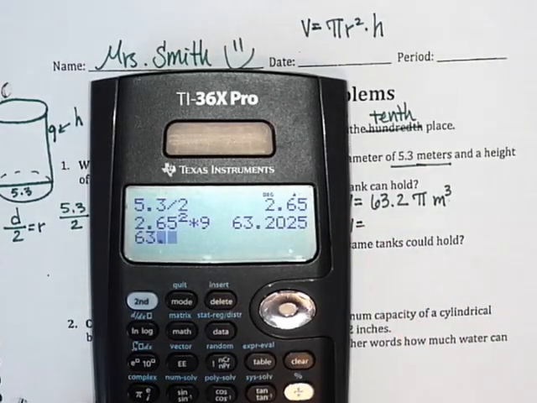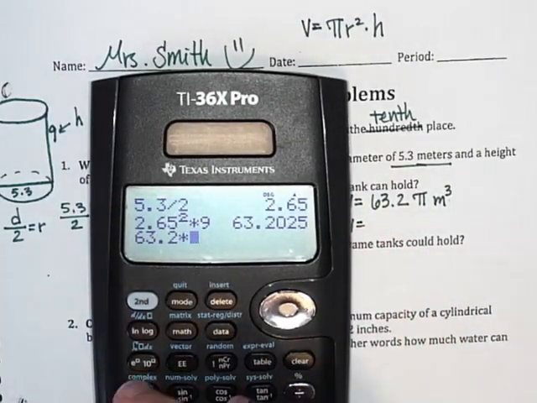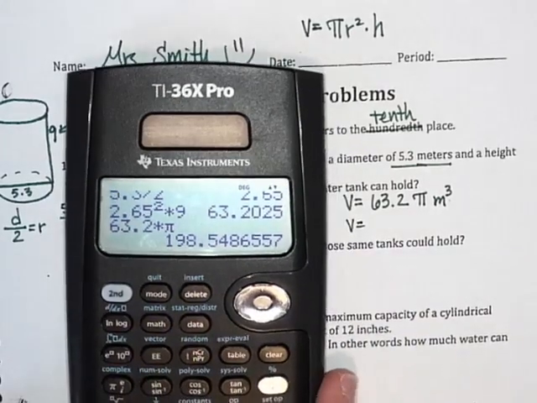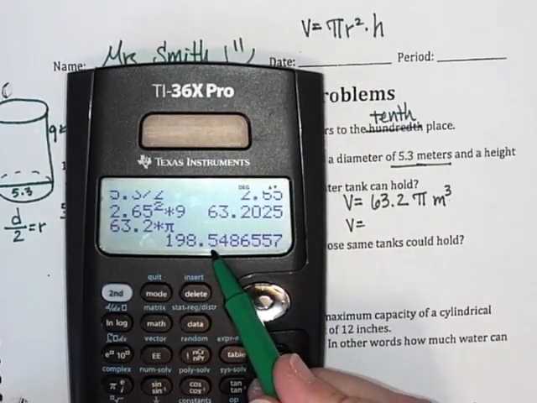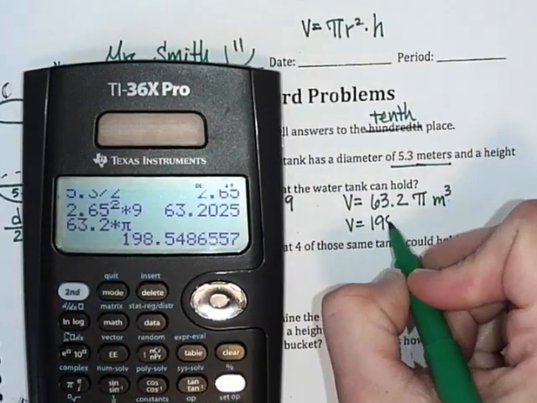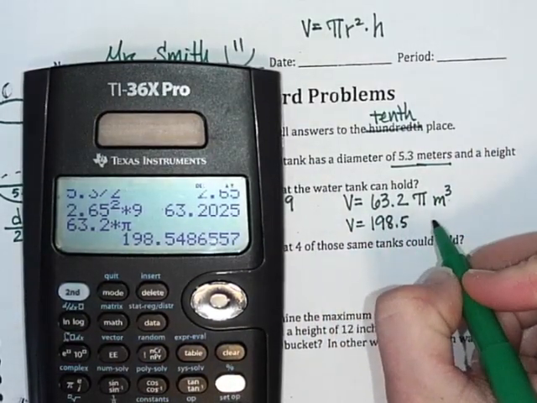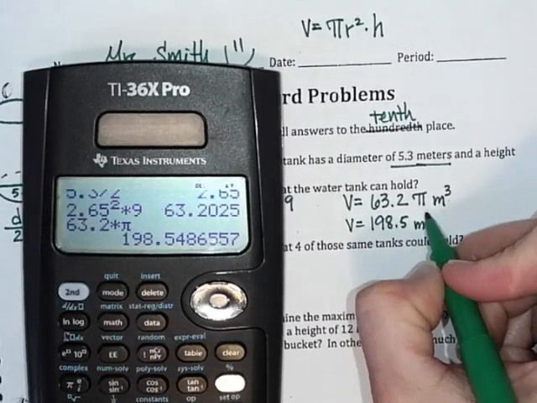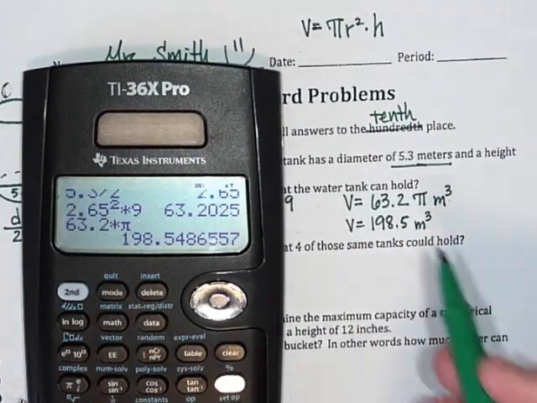So 63.2 times pi equals, all right, 198.5. It looks like we don't need to round up, so we'll just leave it like that. 198.5 meters cubed. And that's all you need.